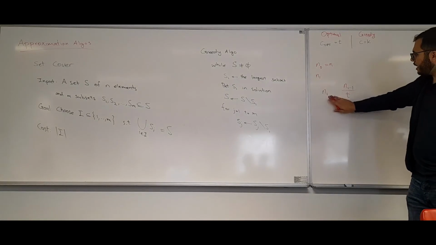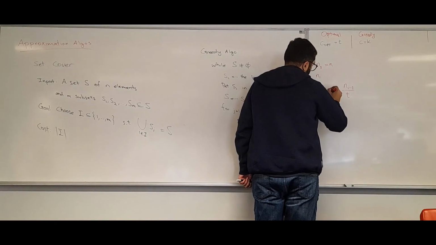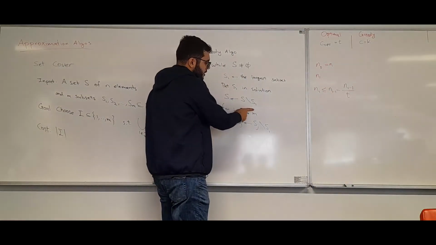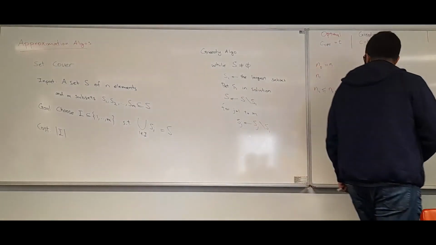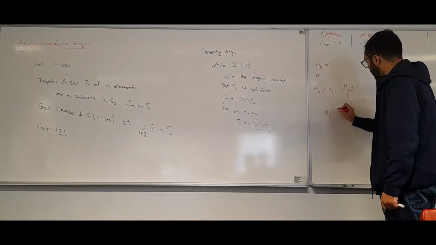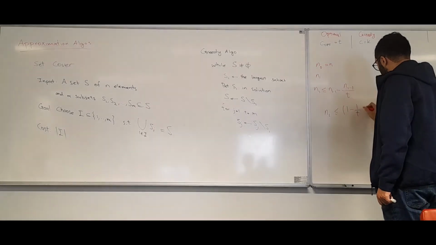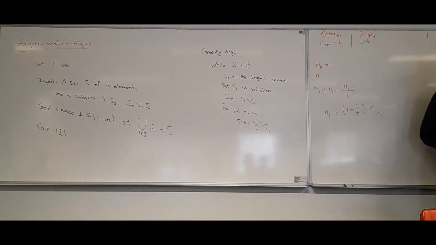So my Ni is less than or equal to whatever I had before minus the size of this subset that I'm removing. Okay? Or again, with some basic algebra, I have that Ni is less than or equal to 1 minus 1 over T times Ni minus 1.